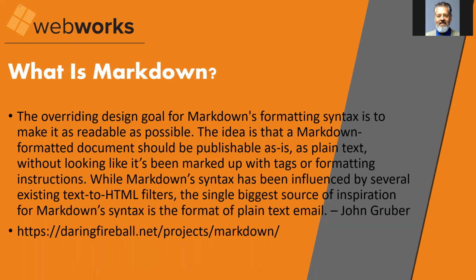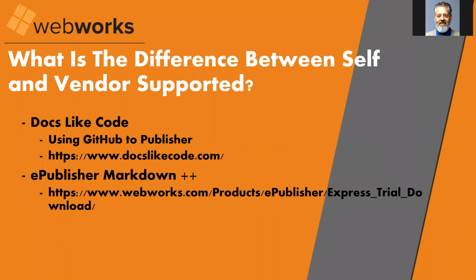So the next one. There's our simplified tool. We have simplified processing. Now I want to touch a little on the difference between self and vendor supported solutions. This is a very popular book out there. Have y'all heard the term Docs Like Code? Basically it's a concept where they say, hey, let's put docs into the tools software developers use so we can develop and publish as fast as they do with their code.